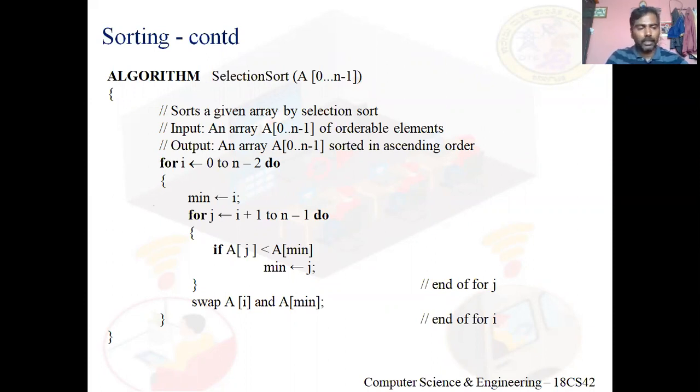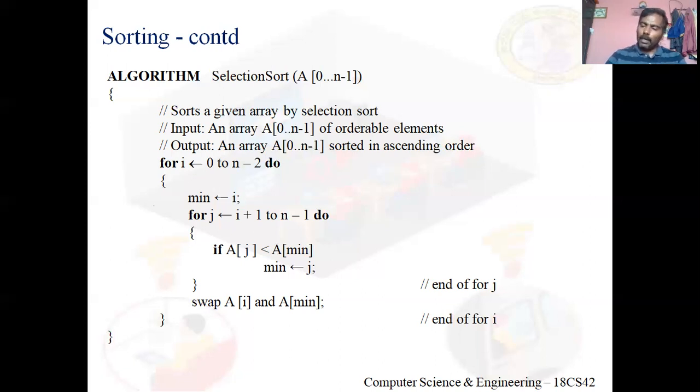Suppose n is 100, 100 memory locations are occupied. If n is 1000, 1000 memory locations are occupied. But apart from these n memory locations, we have some memory locations for i, min, and j. So how many extra memory locations am I going to use here? Just 3. One memory location for i, one for min, one for j.